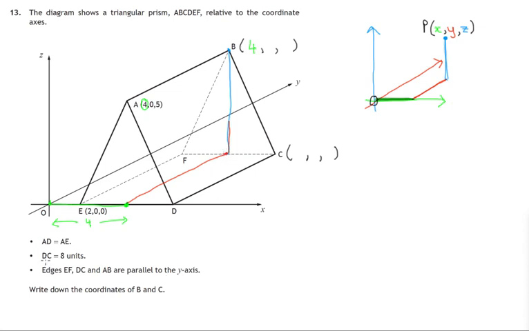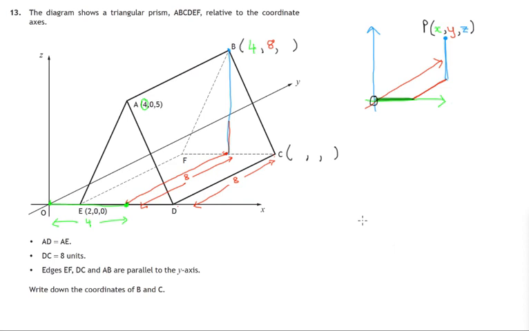Well, we're told that DC is 8 units. This line is 8 units long. And this line from midpoint to midpoint would also be 8 units. It's parallel and equal in length to this side, DC. So that's our y-coordinate for the point B.